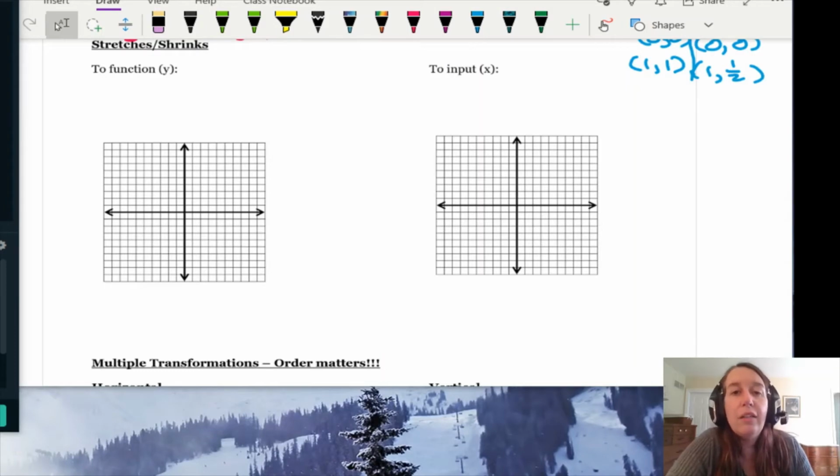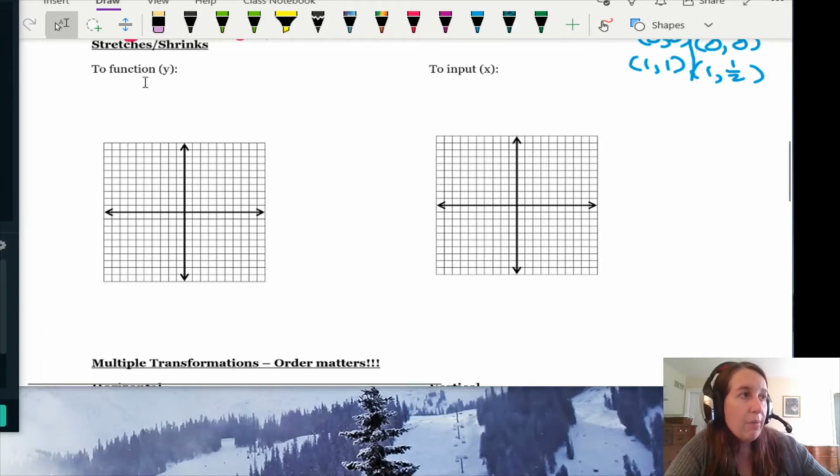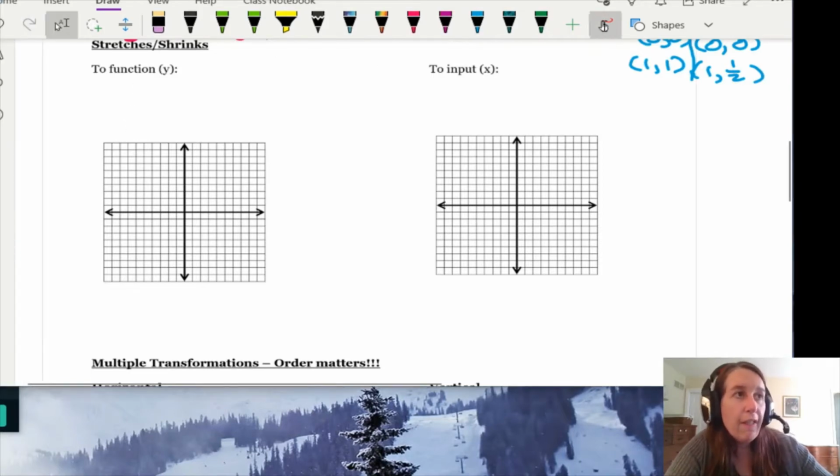Okay, so let's talk a little more about transformations, a couple more little rules of how they work. So just a little summary about stretches and shrinks. When they're happening to the function, that would look like f of x equals a times the function.